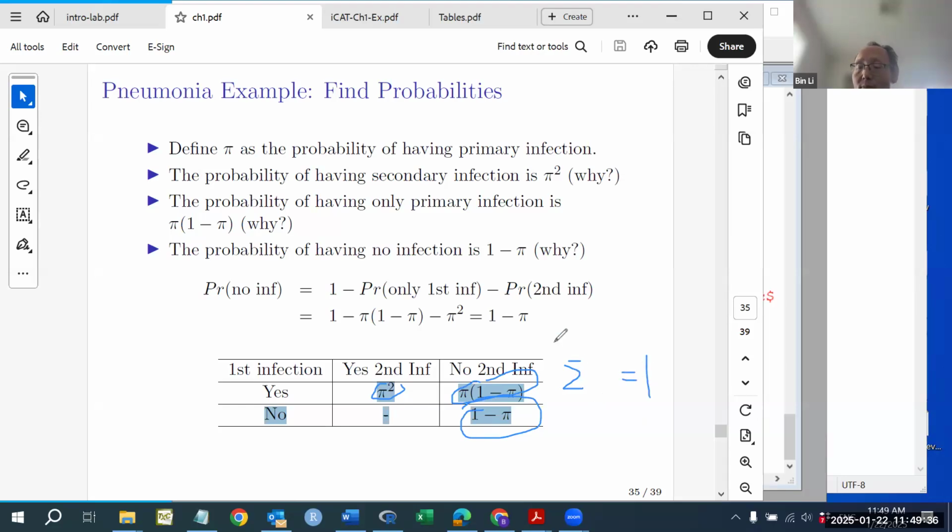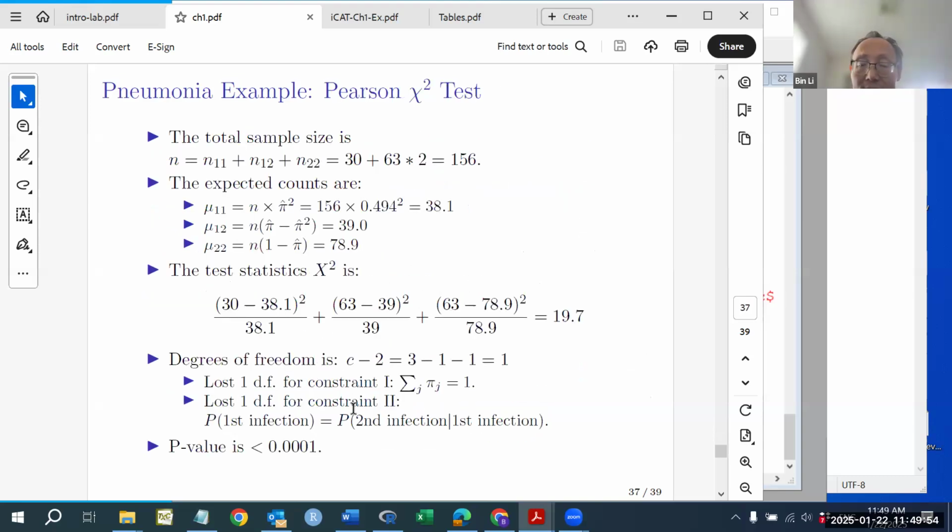Is that right? And the second is, in the null hypothesis, the probability of getting the first infection is the same as the conditional probability of getting the second. So we have 2 constraints. So that's why we lost 2 degrees of freedom, and that is the reason why the degree of freedom is actually 1. Okay?